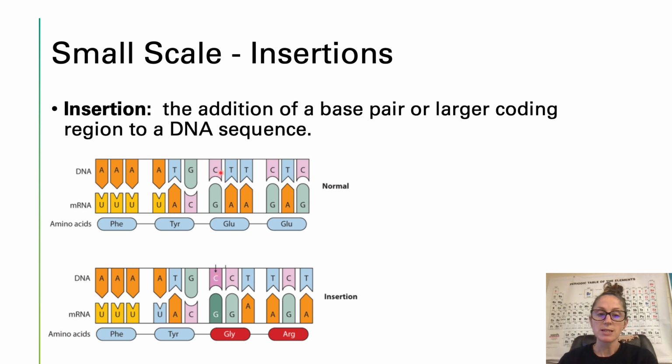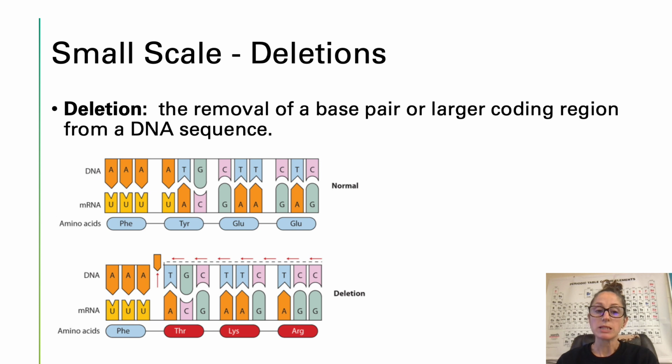So instead of being CTT coding for glutamic acid, it is now CCT, which will code for glycine. And then that moved this T over, so now it's TCT, which codes for arginine instead of another glutamic acid. So everything downstream of that insertion typically gets changed, unless you're lucky and you might get one or a couple amino acids that are the same.